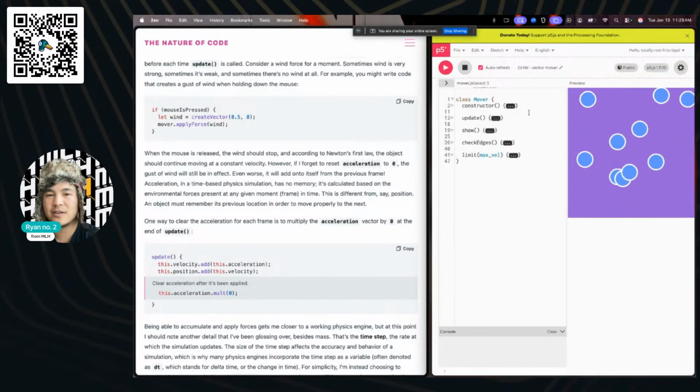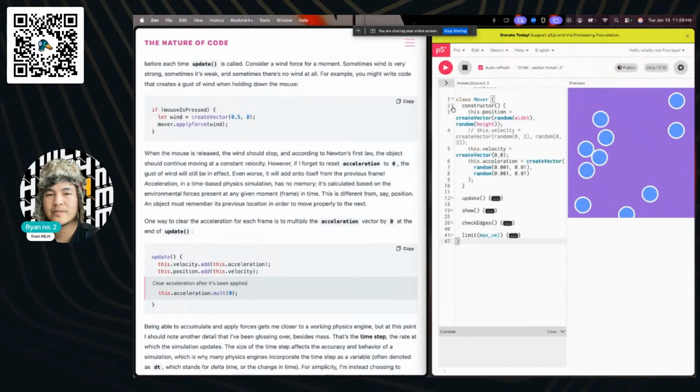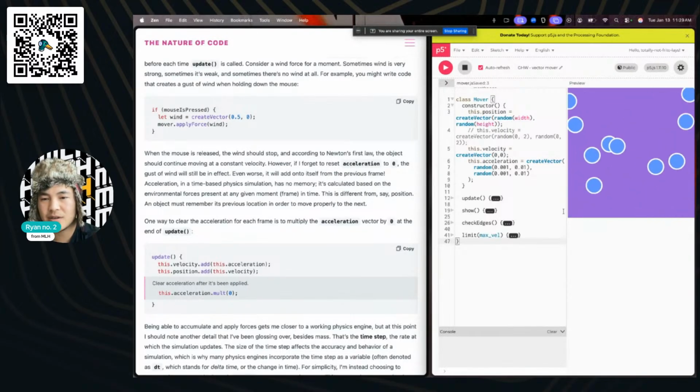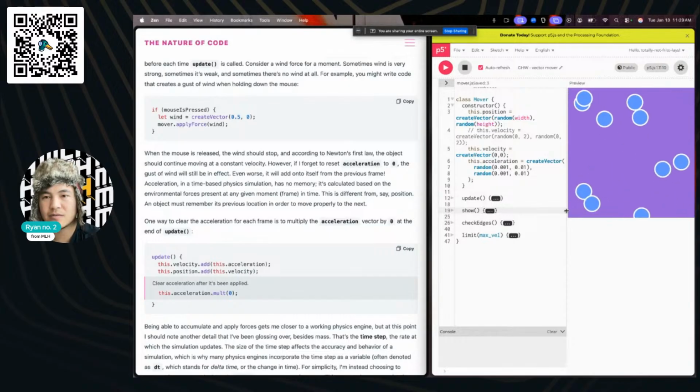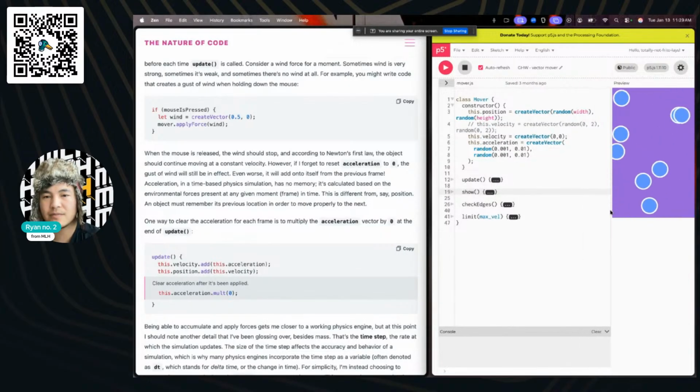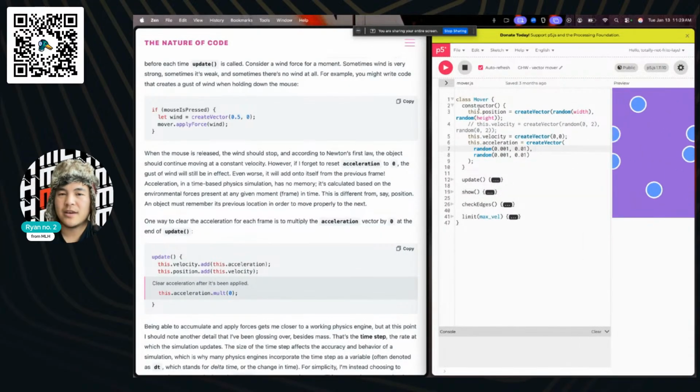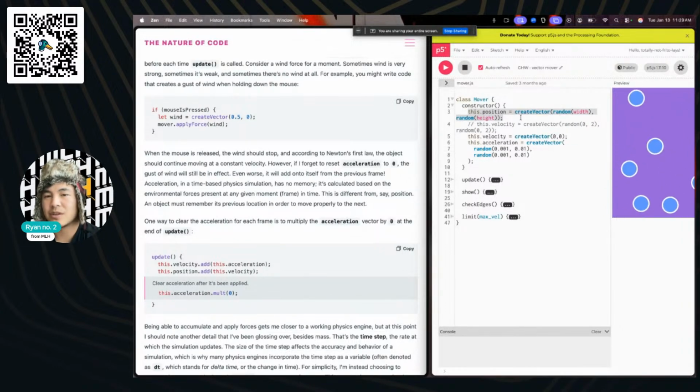On the mover side, we've got the constructor, update, show, check edges, and the limit function. So under the constructor, let me make this a little wider. First thing we did was initialize a random location as a vector. And then we applied a velocity to it. We made it so that the velocity was always at 0, 0.